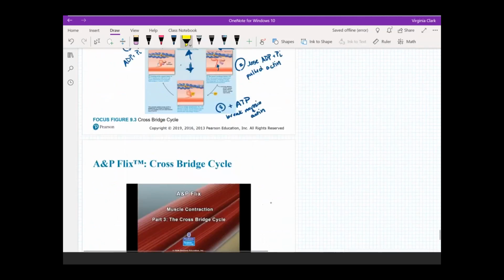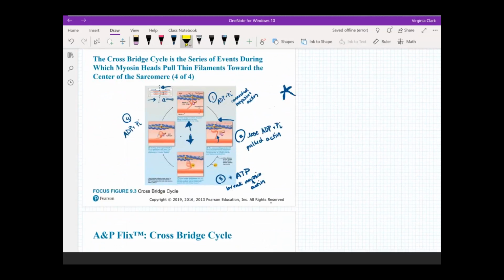So essentially, up here in this process, you will stop at step 2. You will stop essentially at step 2 in rigor mortis, because you can't add ATP if you're no longer alive. So this whole process doesn't cycle.